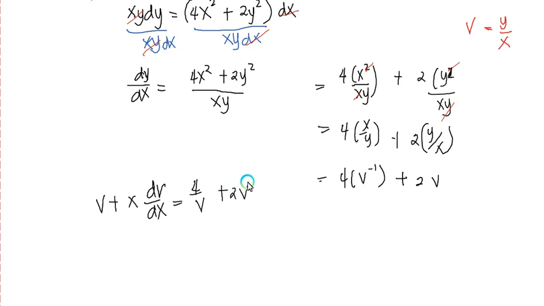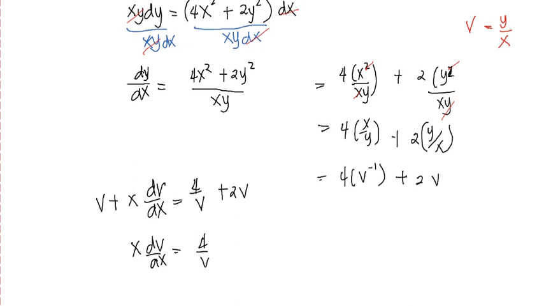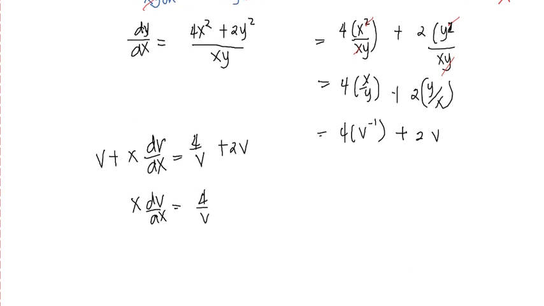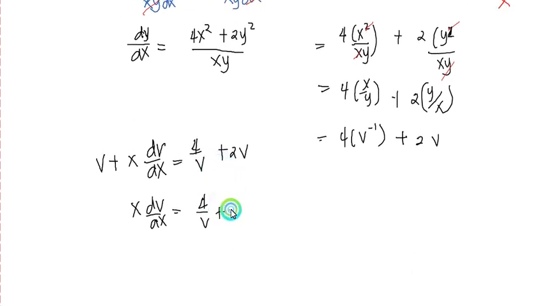Next, so simplify natin ang ating equation. So this is equal to x dv over dx, then we will have 4 over v, so 4 all over v plus 2v minus v.